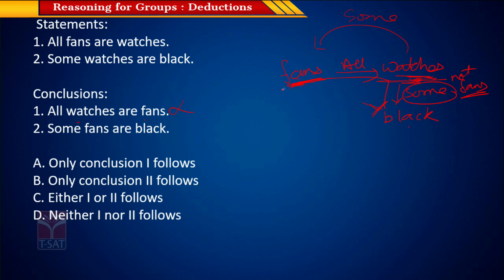We will say that all of the fans become watches, but there could be something like a grinder which also becomes watches. So it could be these grinders become watches and those specific watches are black, because only some watches are black. So this statement is also not a logical conclusion. Alright, so neither 1 nor 2 follows. So the answer option is D.